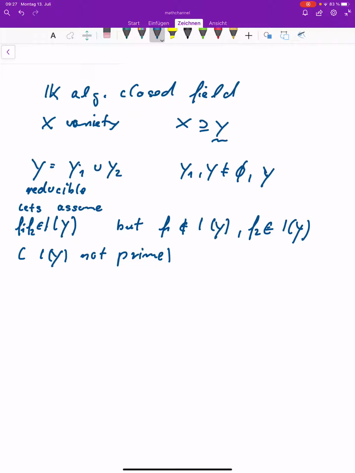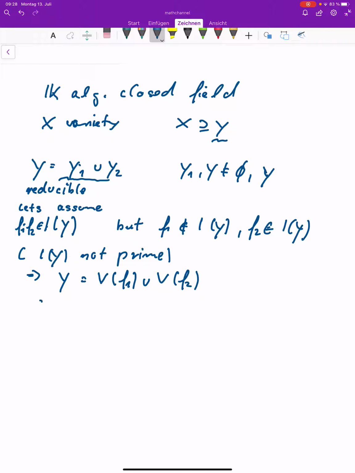This is precisely what we are assuming here. The ideal of Y is not prime. Then what this implies is that we can express Y as a union of the vanishing set of f1 and the vanishing set of f2. And well, this is precisely this condition here for reducibility.